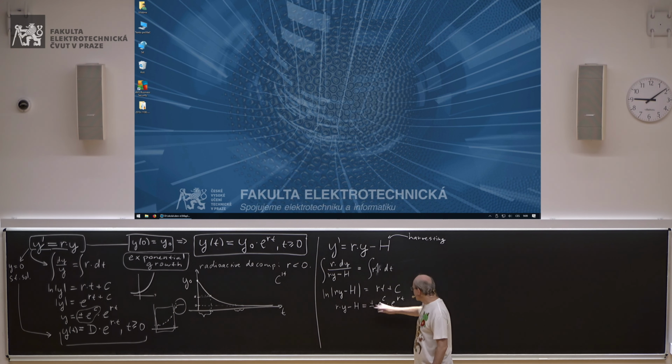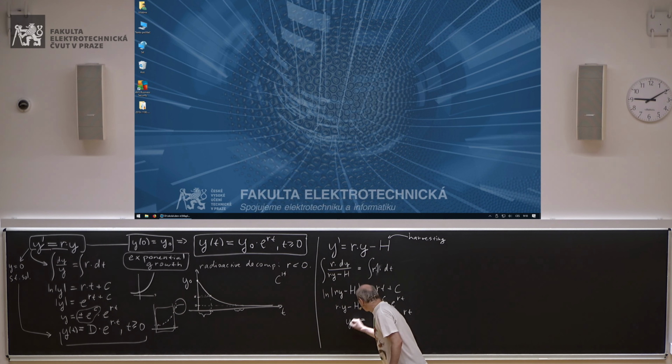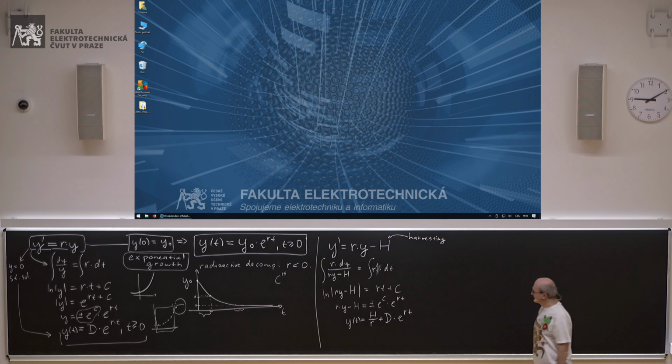So I divide everything by r, and there will be e to c divided by r, and then I introduce a new constant. So let's see, there will be constant d times the exponential. Here will be y, because I divided by r, and I move this one to the right, and I get this. Okay?